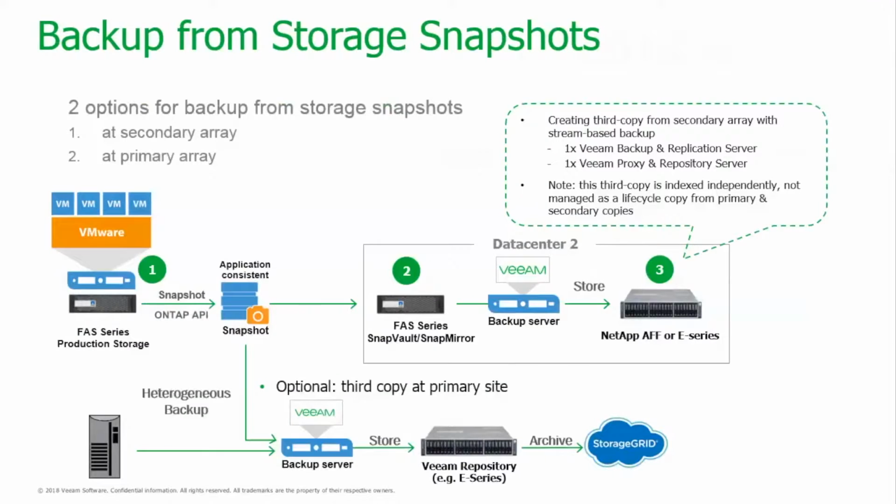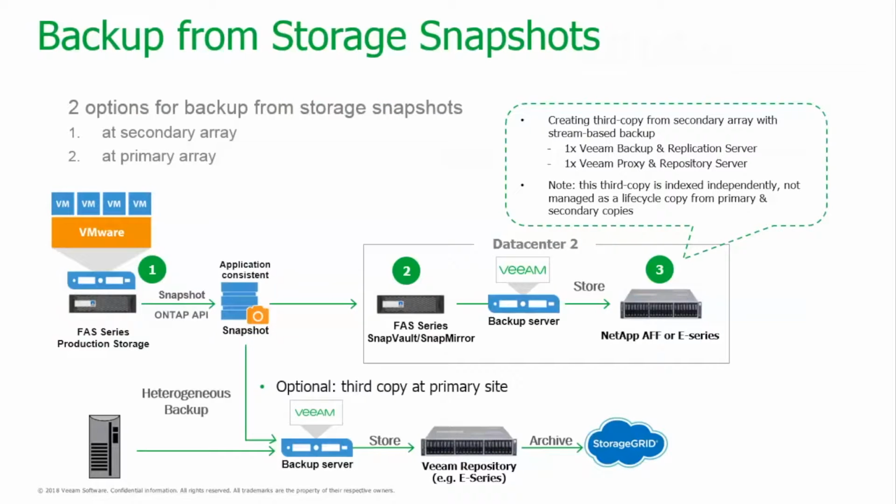In terms of going a little bit deeper, I mentioned that one of the highlights and integration points for Veeam and NetApp is being able to back up from a storage snapshot. What I really wanted to highlight here is that we can do that from a primary array, but also a secondary array. A lot of the times you may not want to be doing backups from a primary array, for a lot of reasons.